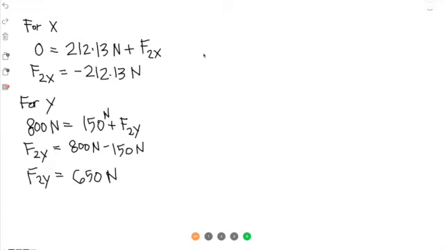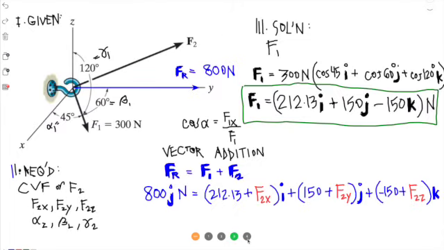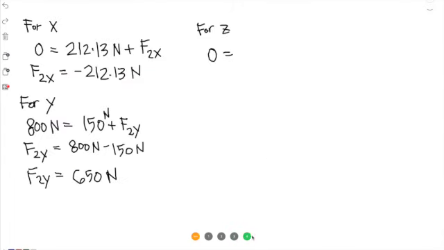For z, 0 is equal to negative 150 newtons plus F2z.